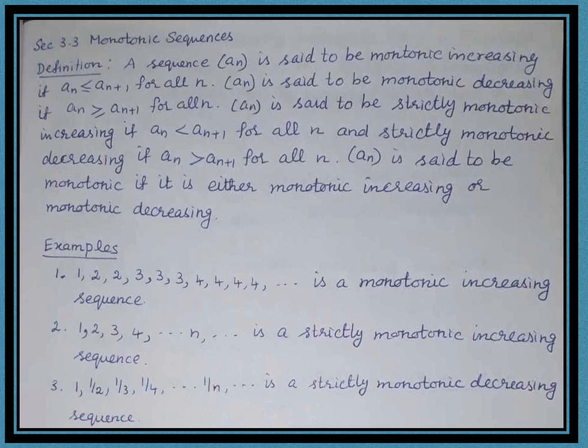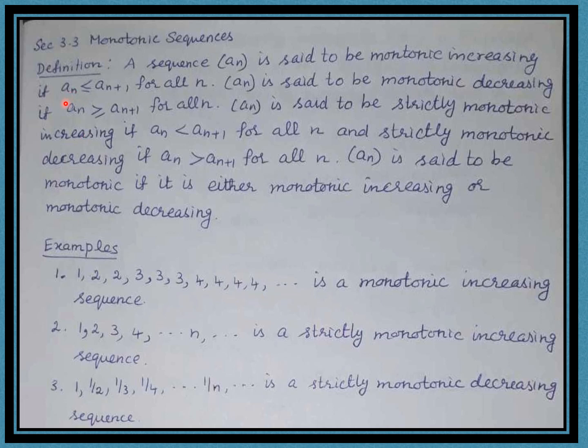For example, in the examples given below, if you take the first example, 1, 2, 2, 3, 3, 3, 4, 4, 4, 4. It is monotonic increasing, but not strictly monotonic increasing, because here we have 2 equal to 2, then 2 is less than 3, 3 equal to 3, 3 equal to 3, 3 less than 4, 4 equal to 4, and so on.